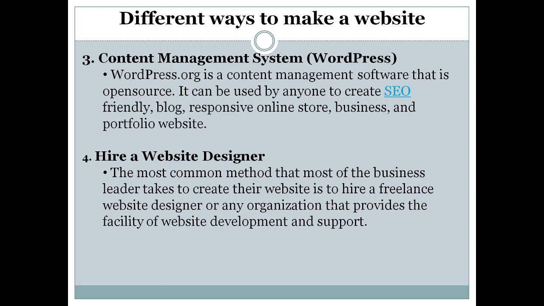Then we can even create a website by using content management systems like WordPress. WordPress.org is open source content management software, and it can be used to create search engine optimized, friendly blogs, and responsive online business and portfolio websites.